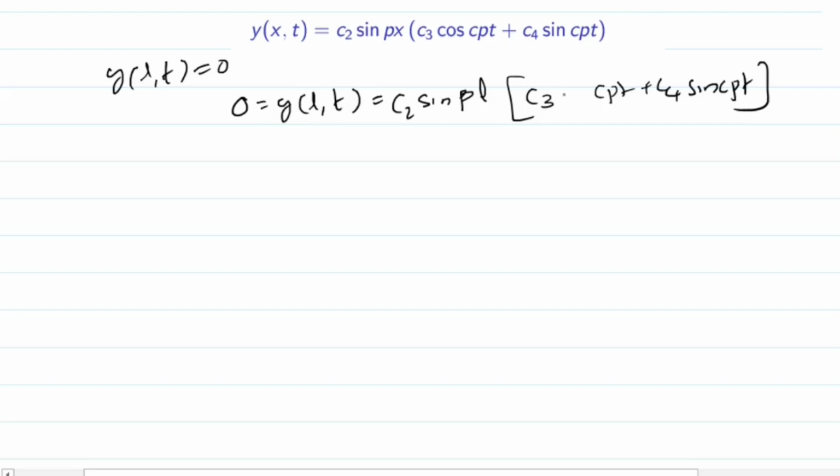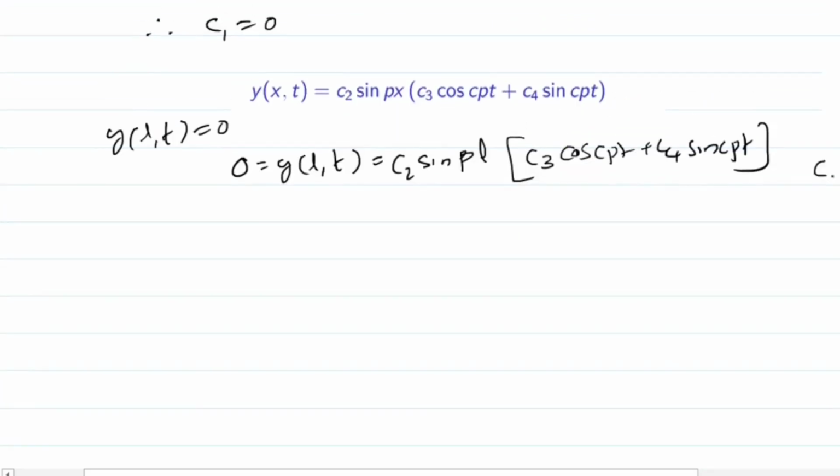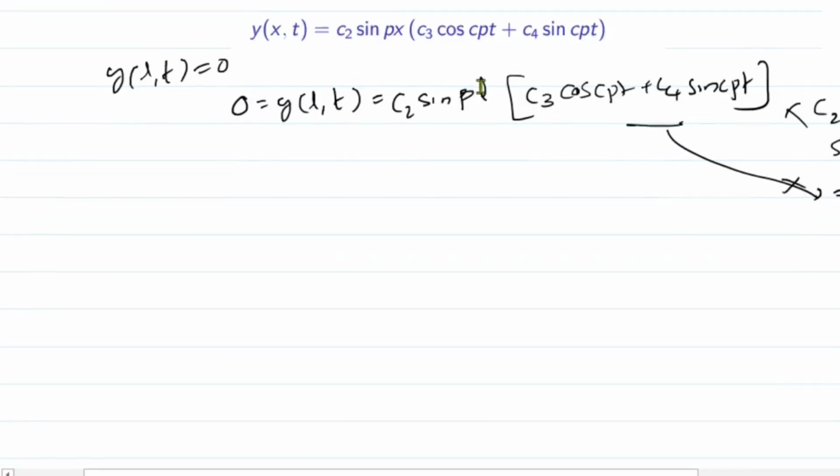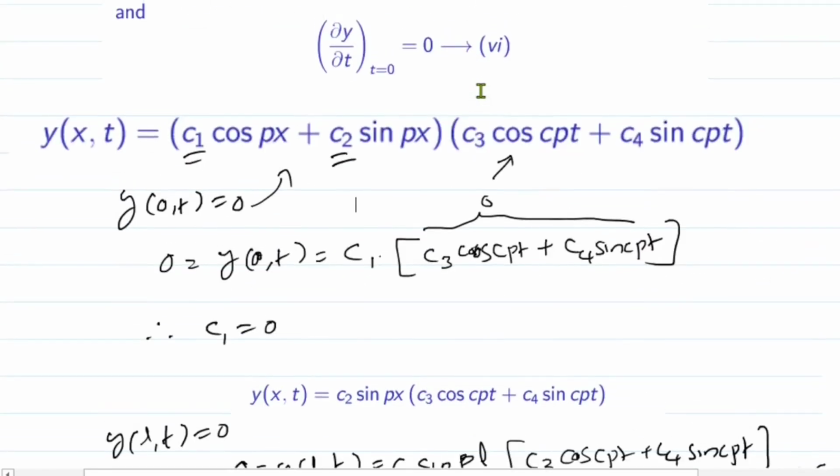Here either c2 equal to 0, or sin pL equal to 0, or this whole term equal to 0. But the first and last are not possible, since we already have c1 equal to 0, and if c2 is also 0 this equation becomes always 0. Also if c3 cos cpt plus c4 sin cpt is 0, then the displacement y of x,t always becomes 0.